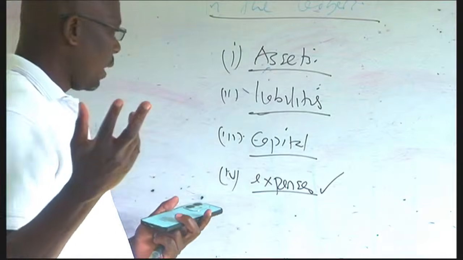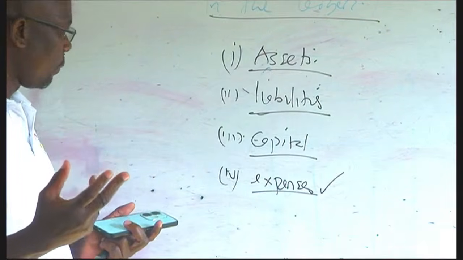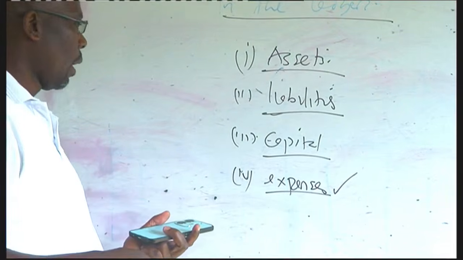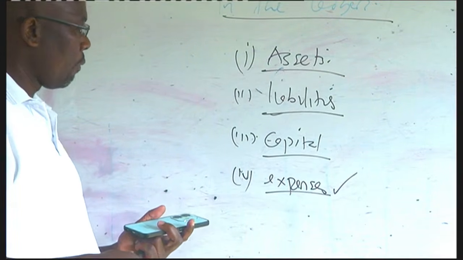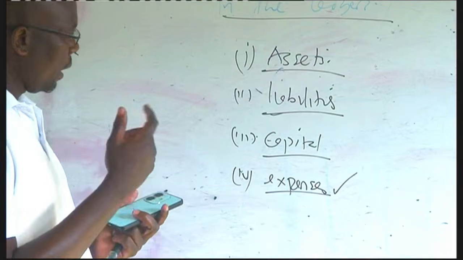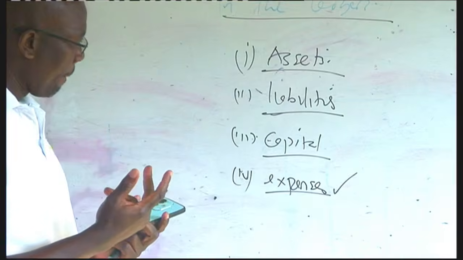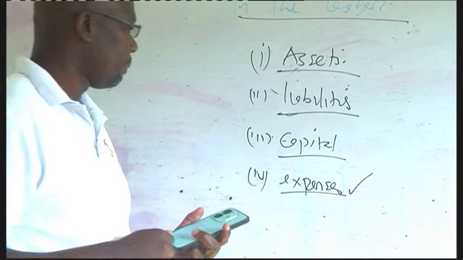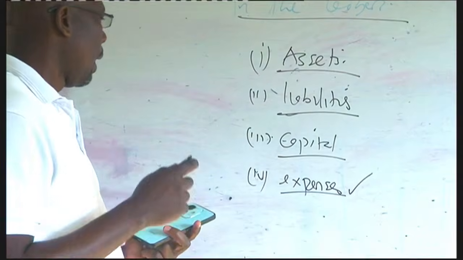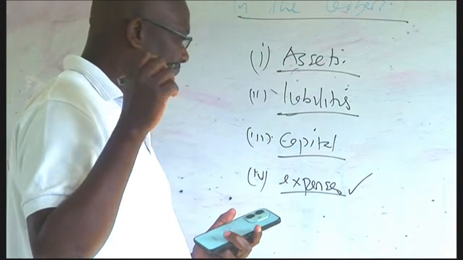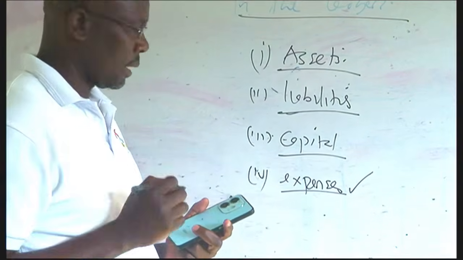An example of an expense in the business could be paying for advertising, or paying for insurance premiums. So when the business pays this, that is an expense. So when the business incurs expense, that transaction will be debited in the ledgers.